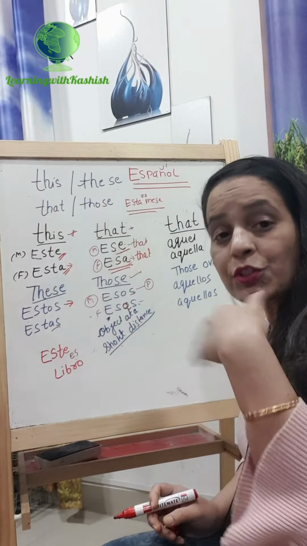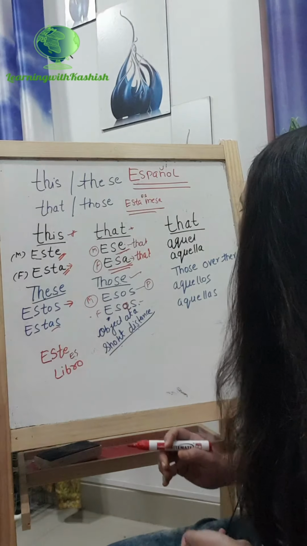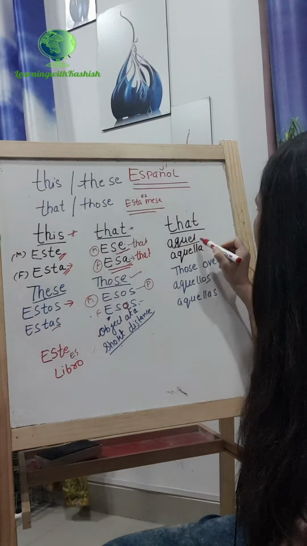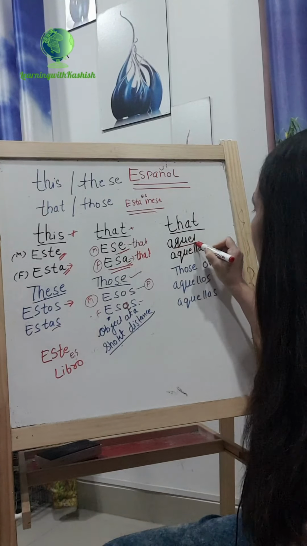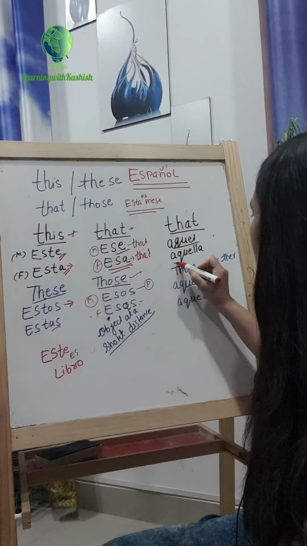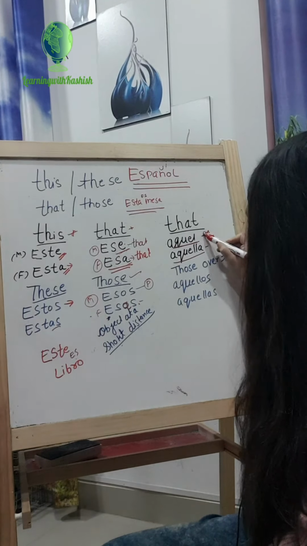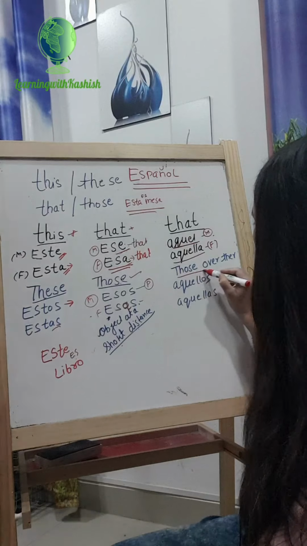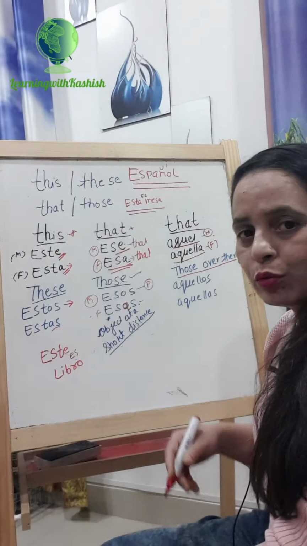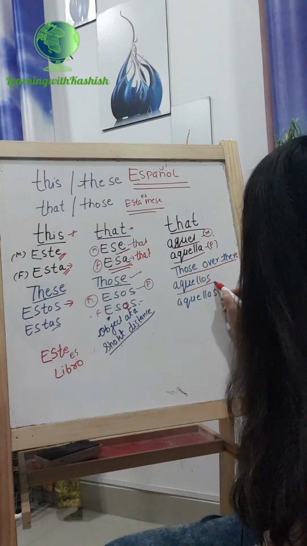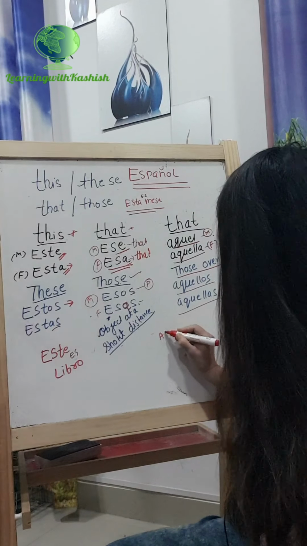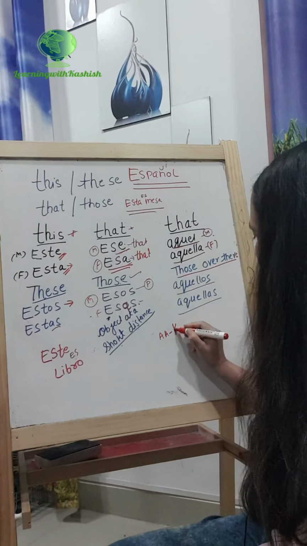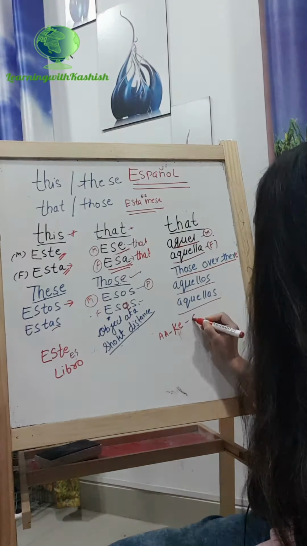And if it is a little far away, something you can't see well, for example, that building which I can see from here but it is a little far away. El edificio, you can say that building, aquel edificio. Then aquella is for feminine far away things, and those over there: aquellos, aquellas.